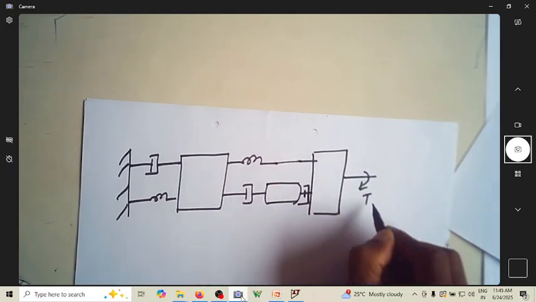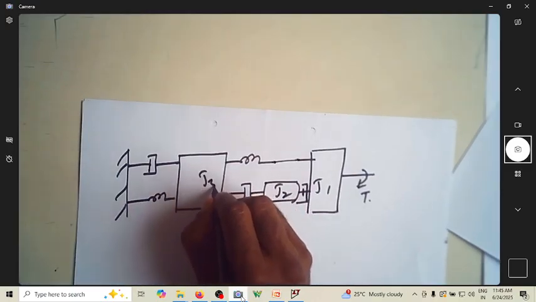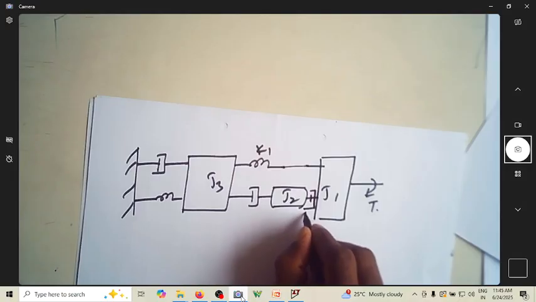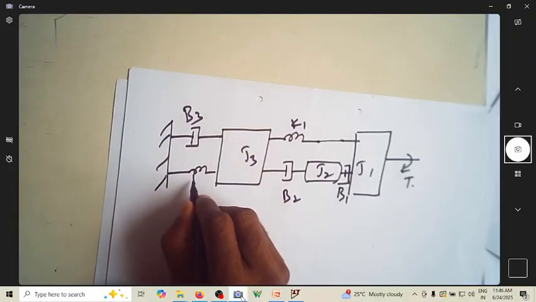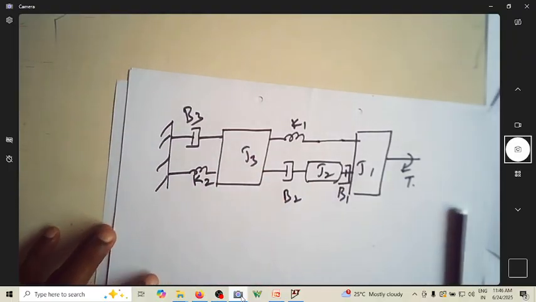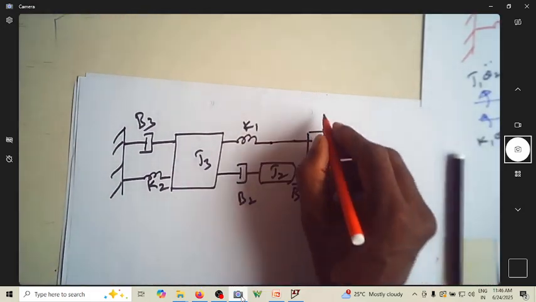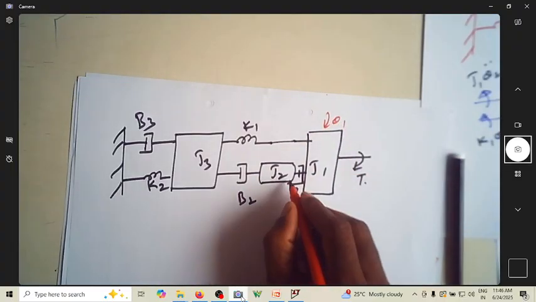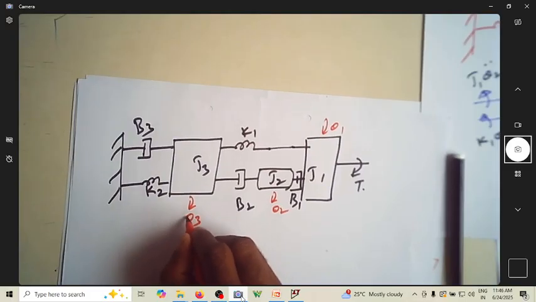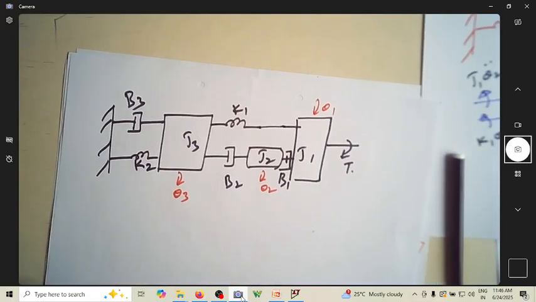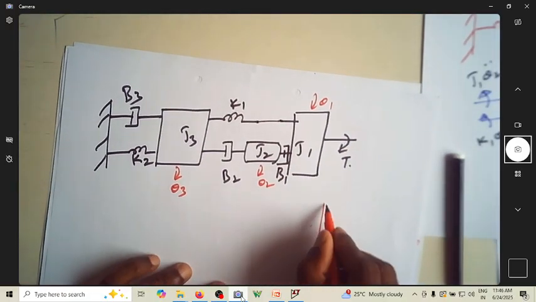Similar, this is J1, J2, J3, K1, B1, B2, B3. I have taken simply a random example. So this will have theta 1, this will have theta 2, this will have theta 3 as displacements. So I can straight away write, okay, let me write the FBDs.